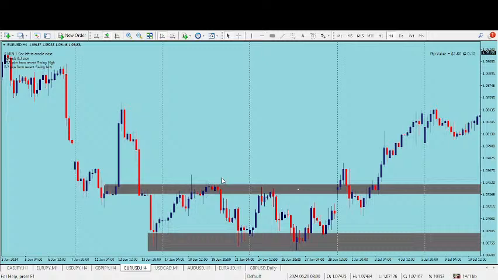Good. So in this ranging market now, to trade this market, you must wait until it gets here. You can go to a lower time frame like 1 hour or 30 minutes to enter, as long as we are in 4 hours, or even 15 minutes, to look for a sign to sell. If it comes here again, you also look for a sign to buy.